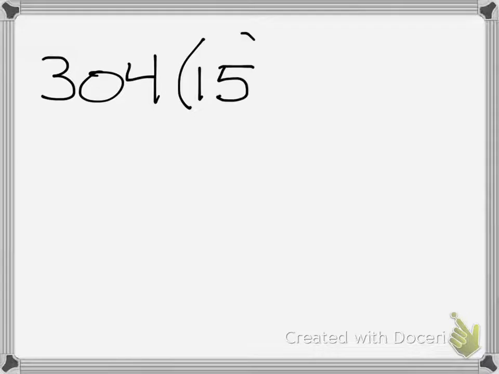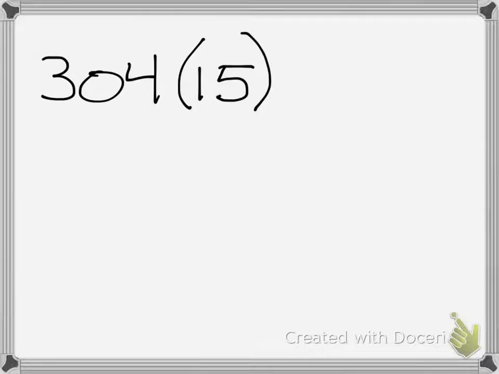You can also use the distributive property to help make mental math easier. So say you had some very large numbers that are not easy to multiply in your head. You can think about breaking them up into a group of numbers that you can use the distributive property on, and complete it in your head. So for example, 304 times 15.